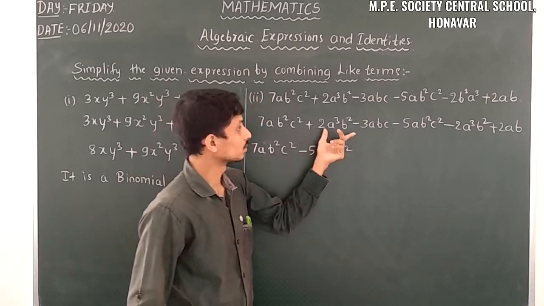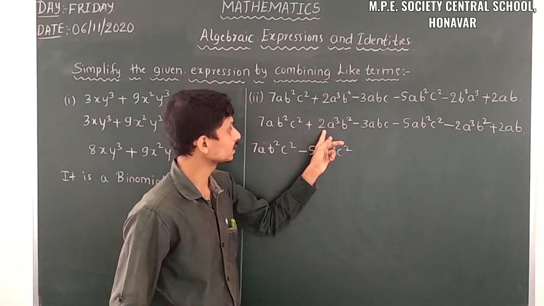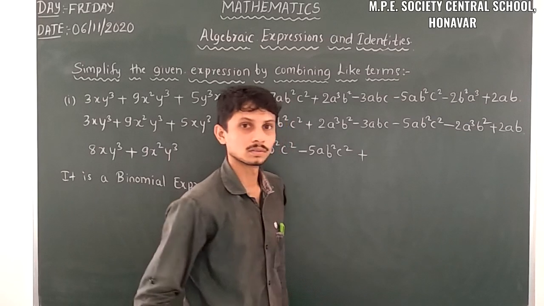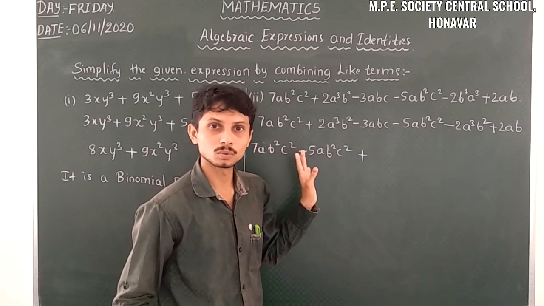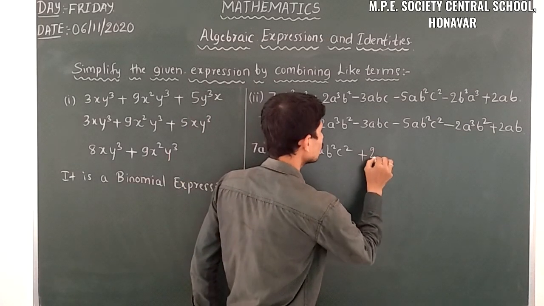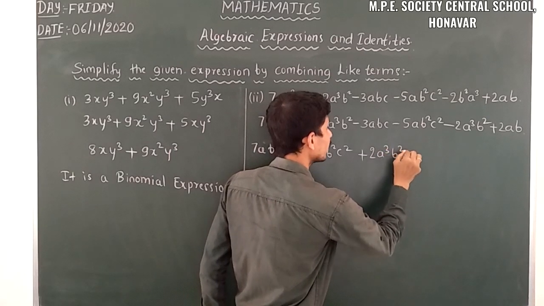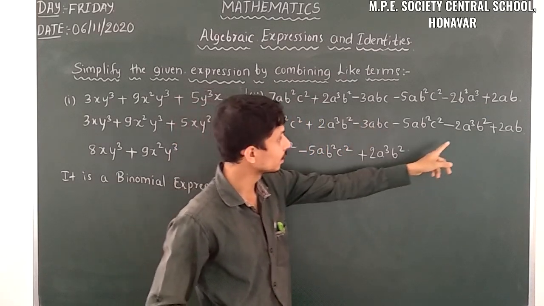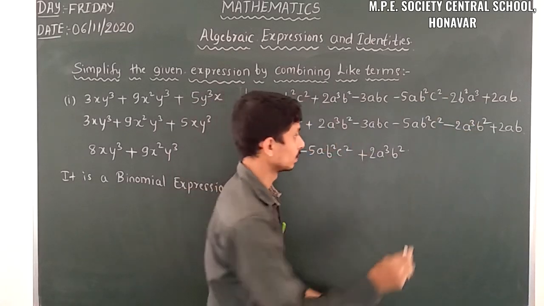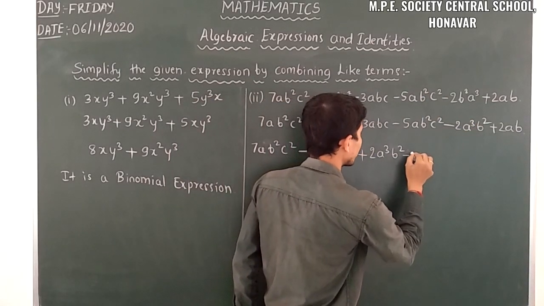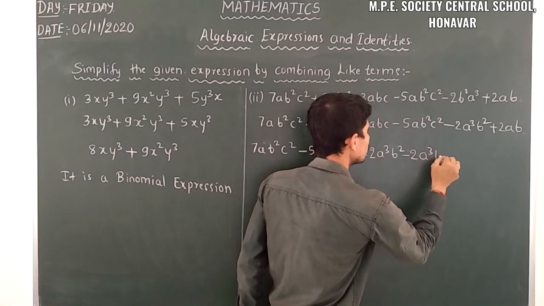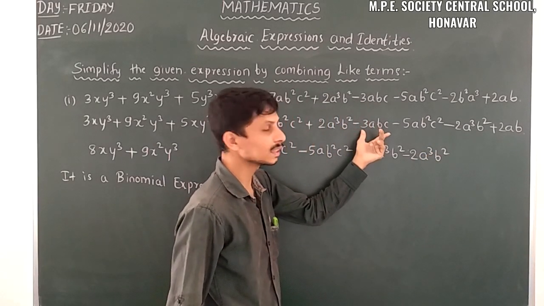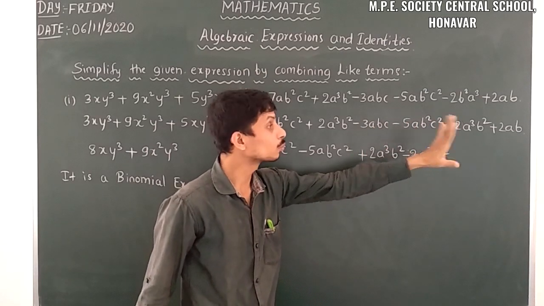Then take the next term, that is 2a cube b square. You have to take the sign also, plus 2a cube b square. Is there any other a cube b square? Here a cube b square is there, along with the sign, minus 2a cube b square. Then here minus 3abc is there, and 2ab is there.